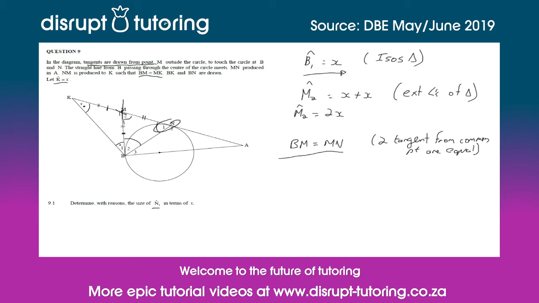So B2 and N1 are going to be equal, and we know that M2 is 2x. So therefore, N1 will equal... remember, angles of a triangle sum to 180 degrees.